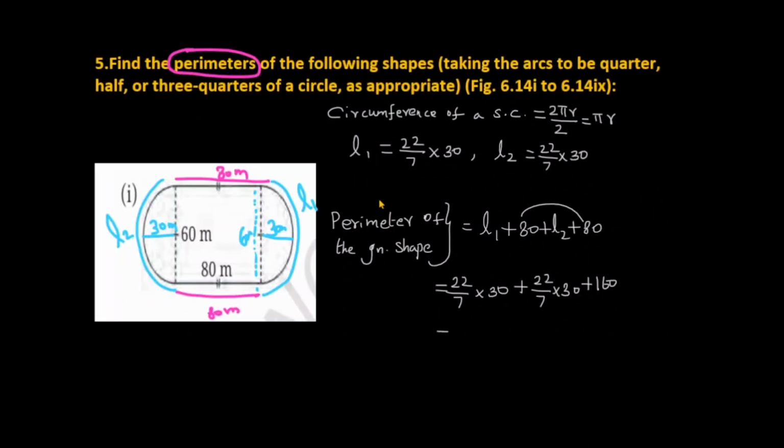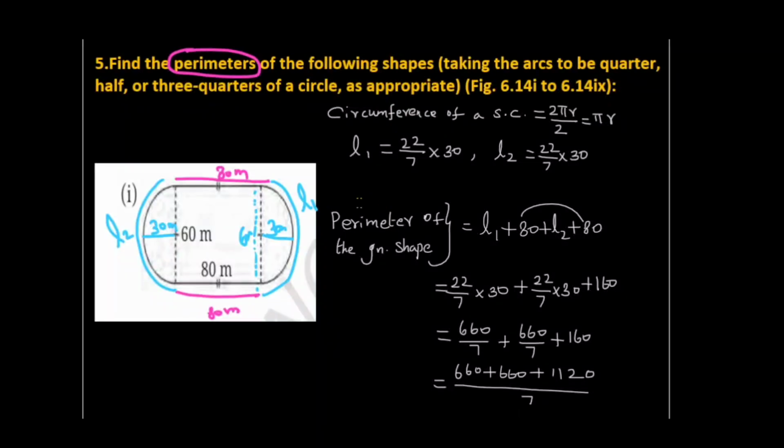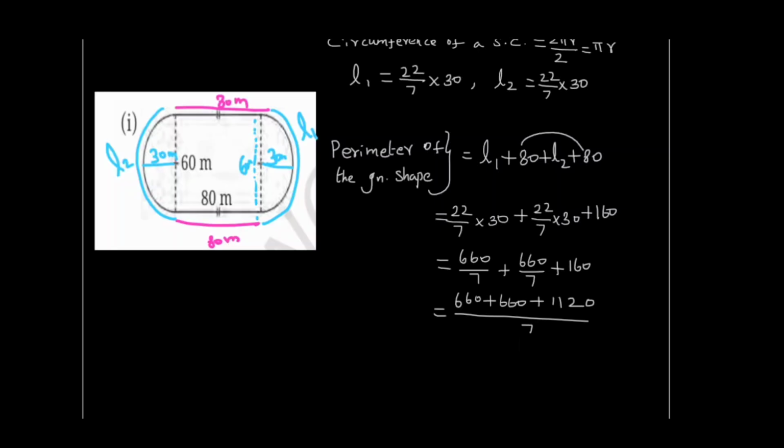So when we are calculating this, 22 into 30, 660 by 7 plus 660 by 7 plus 160. After taking LCM, 7 is our LCM, 660 plus 660 plus 1120 over 7. Add and divide.